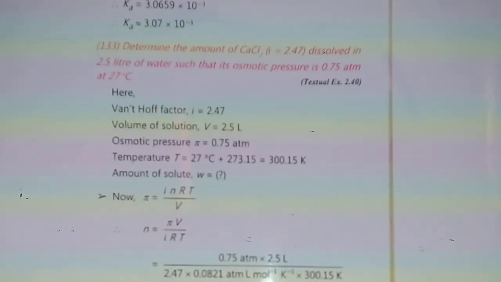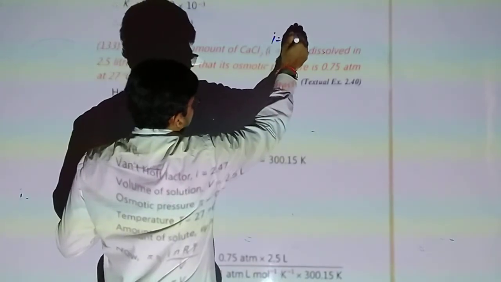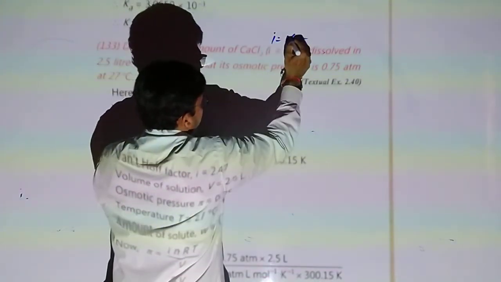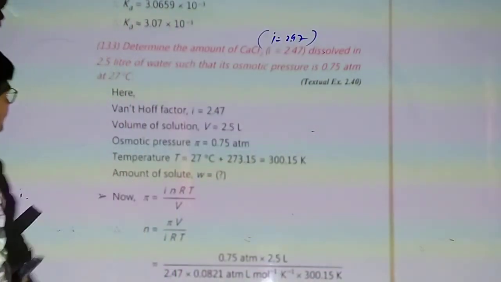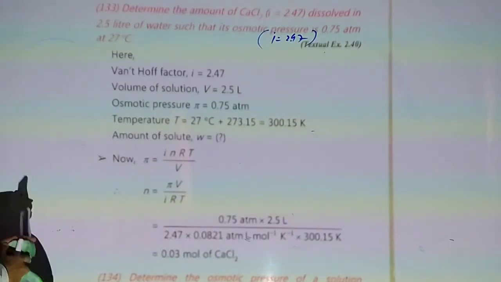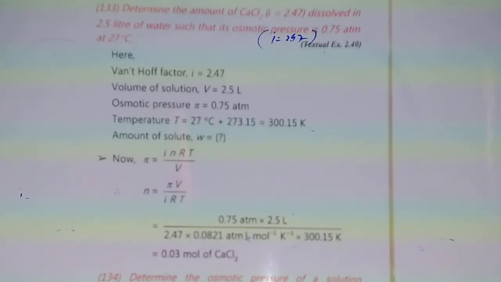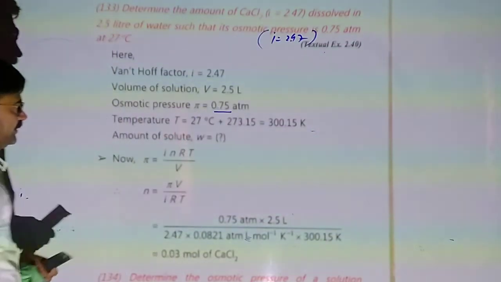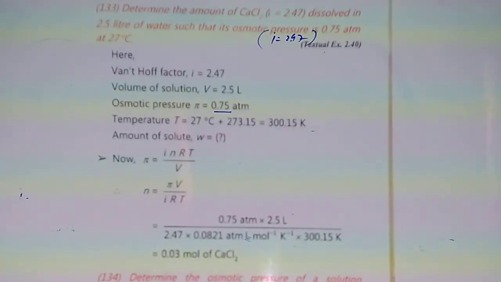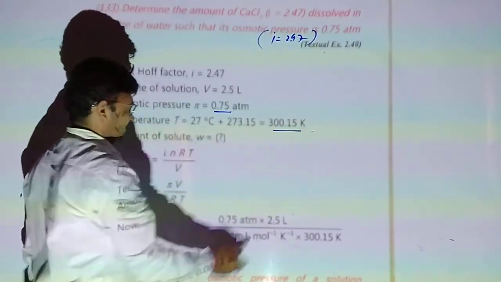Determine the amount of calcium chloride. Here van't Hoff factor i for calcium chloride is given 2.47. Dissolved in 2.5 liter of water such that its osmotic pressure is 0.75 atm at 27 degree. Van't Hoff factor i is 2.47. Volume of solution is 2.5. Osmotic pressure 0.75. Temperature 27 plus 273.15, so 300.15.